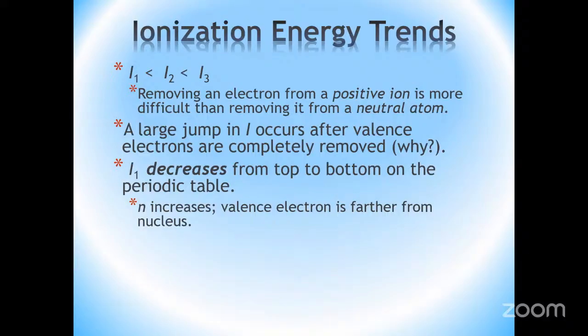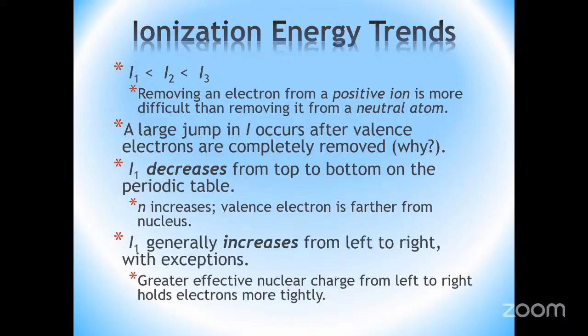As you go down any group, the distance between the valence electron and the nucleus increases. So the nucleus will have less hold on the valence electron, and therefore it's easier to remove the valence electron. There are no exceptions that I can think of in this particular trend. So going down any group, the first ionization energy decreases.